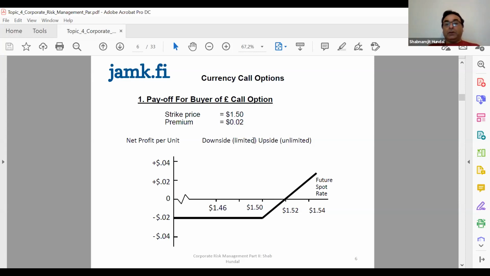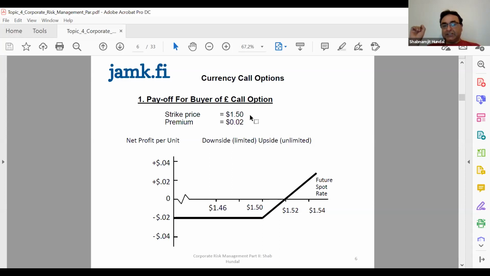So I would only see that if the strike price is less than the market price, I will exercise the option, because look, when the market price is 1.51 and I buy from the broker, then guess what happened? I earn 1 cent because the market price is more and the strike price is less.